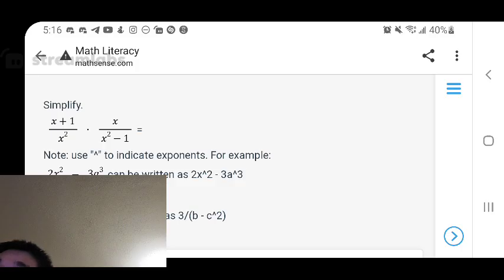Alright, so x times x plus 1 on the top. X squared times x squared minus 1 on the bottom. So you get x squared plus x cubed minus x squared. That's that. I'm missing something here. X squared plus x on the top.